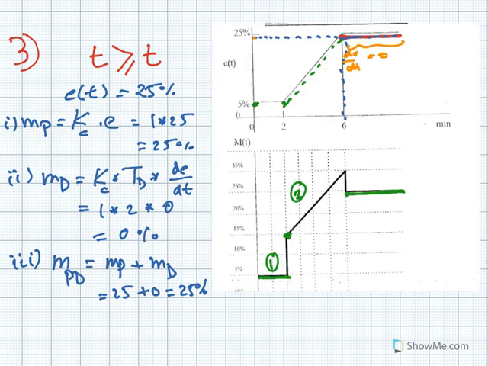So this is the part of the output, and then finally we have if t is equal to or greater than 6 minutes. As you can see, here is the 25%. This is the MT or MBD.